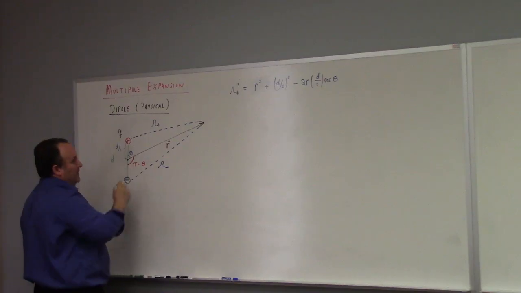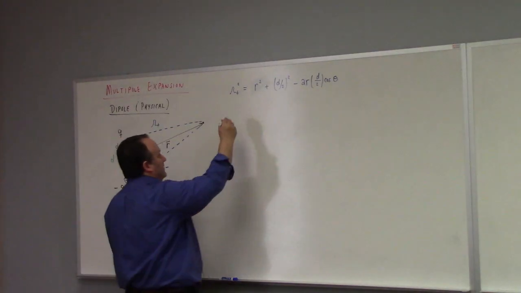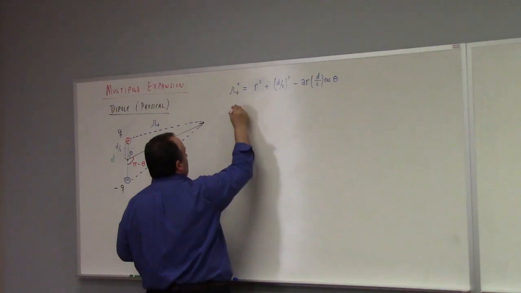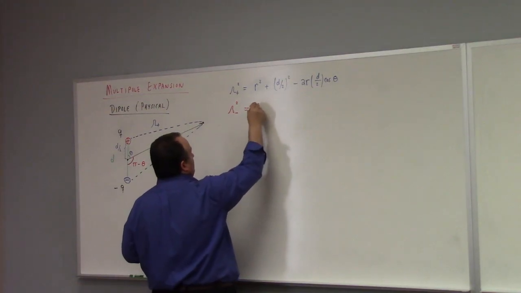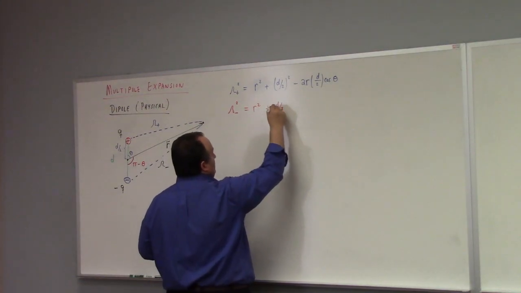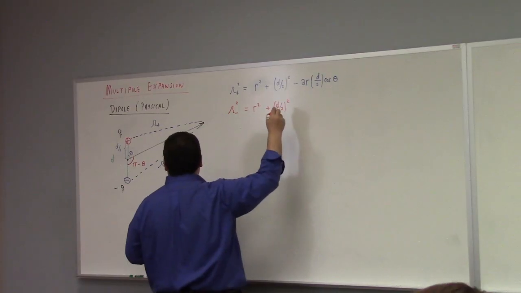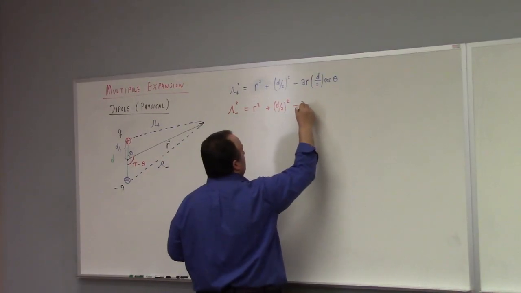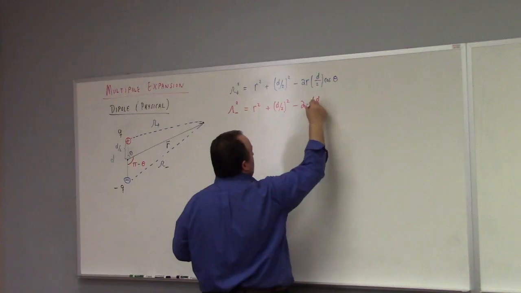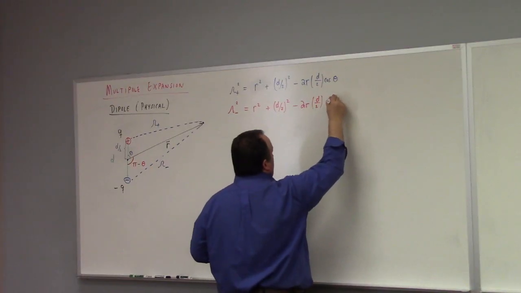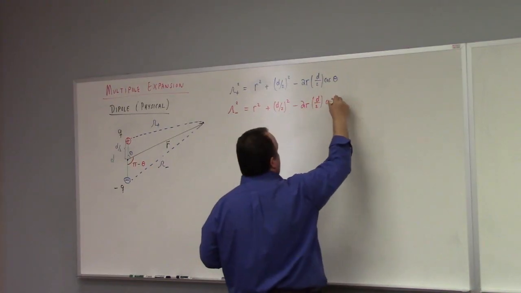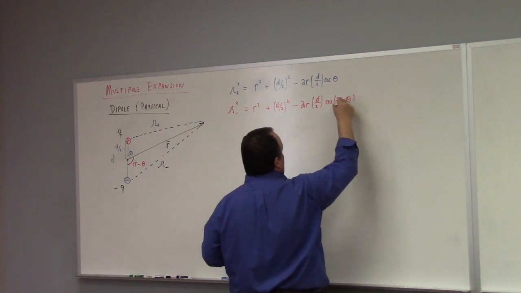And so if I do that one with the law of cosines, r minus squared is again r squared plus d over 2 squared minus 2r times d over 2 times cosine of pi minus theta. What is cosine of pi minus theta?